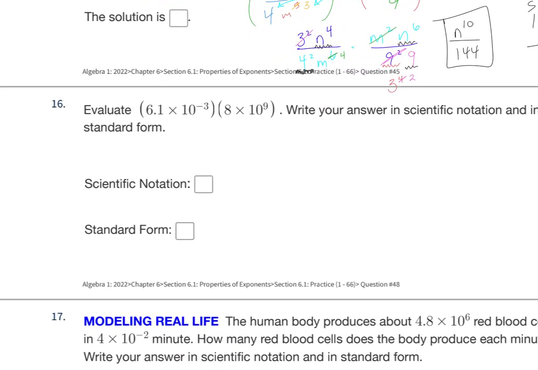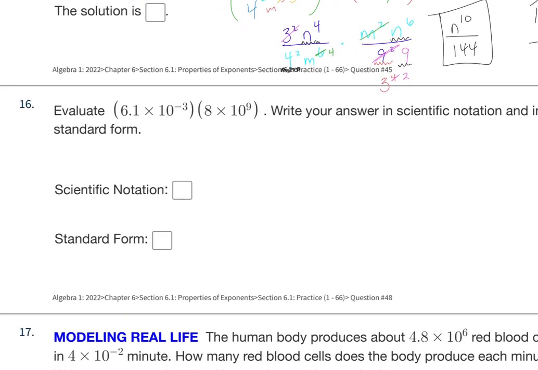This looks funky and looks like it's going to be trouble, but it's just one number times another number times another number times another number. So I'm just going to slap them all in like this.